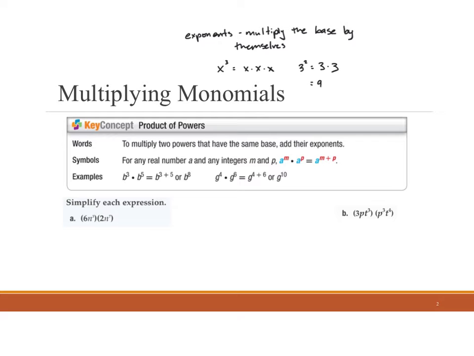So when we come down here to multiplying monomials together, it's the same principle. Whenever you have the same base, then you can add the exponents together.